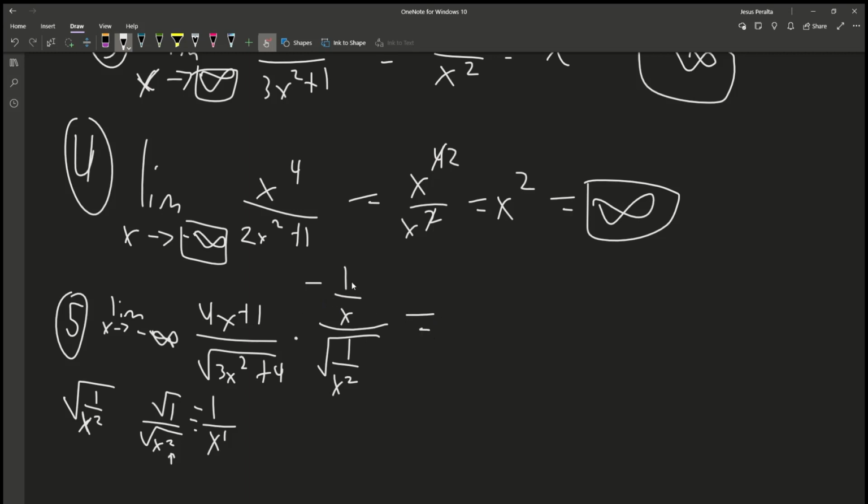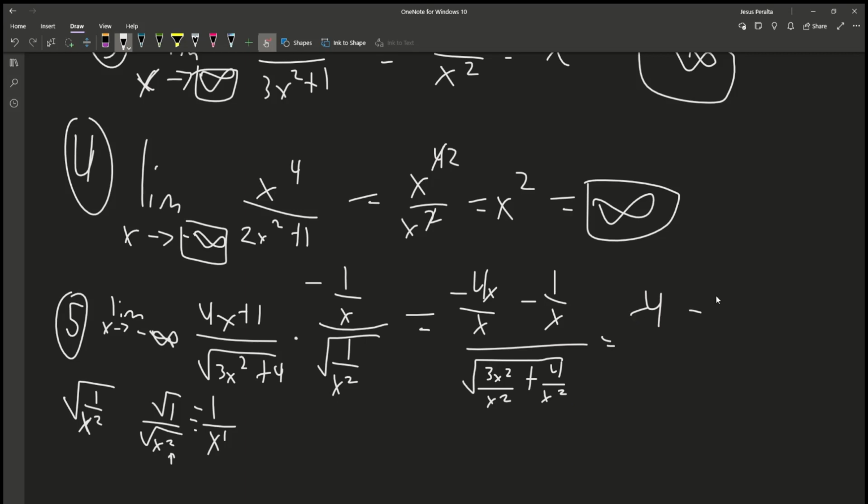So we can start with the top, negative 4x over x, and then negative 1 over x, and then the bottom would be the square root of 3x squared over x squared plus 4 over x squared. So from here we could rewrite it as negative 4 minus 1 over x, and then the x squared is cancelled, so then it's going to be the square root of 3 plus 4 over x squared.